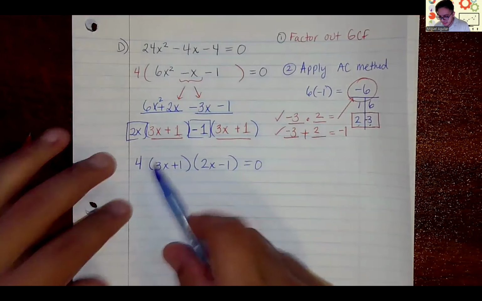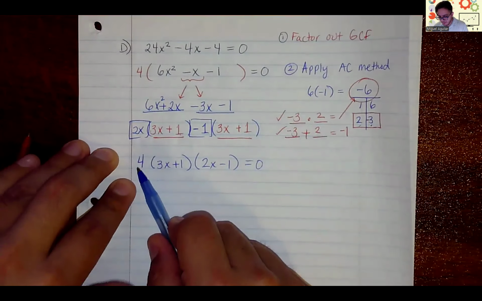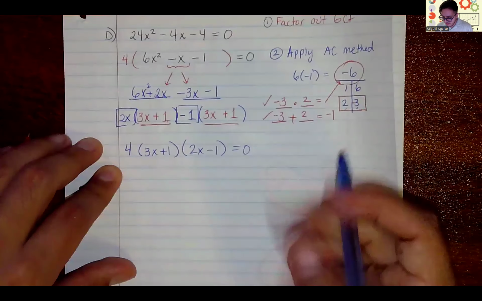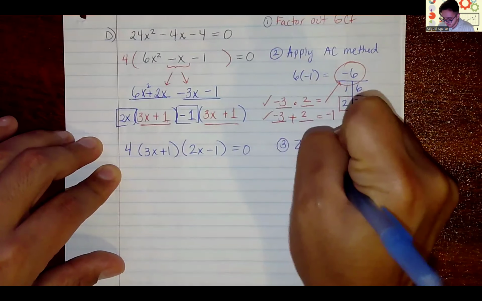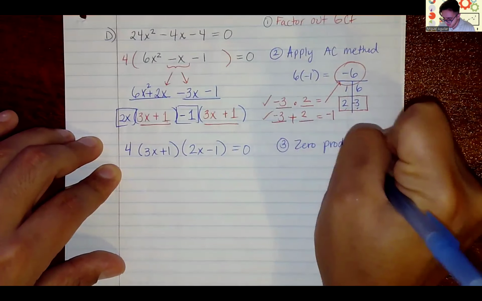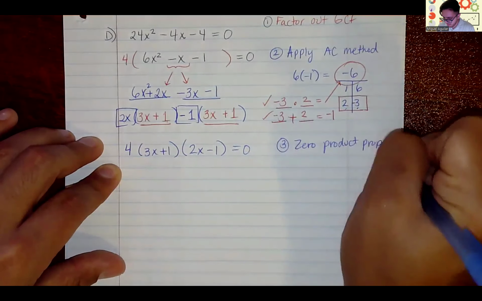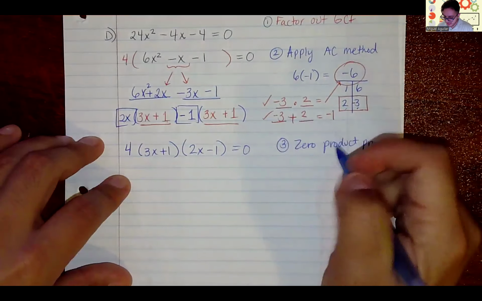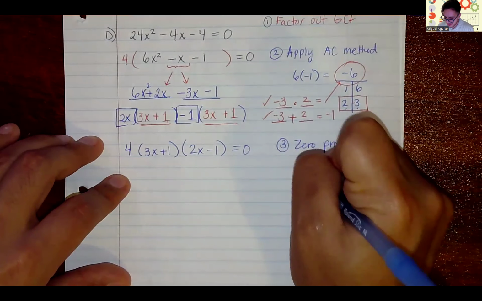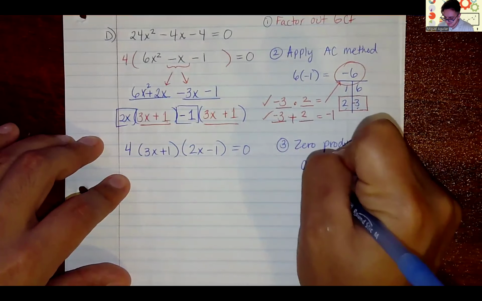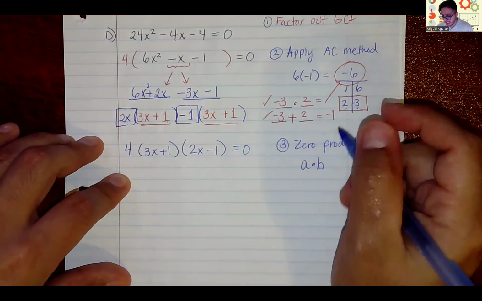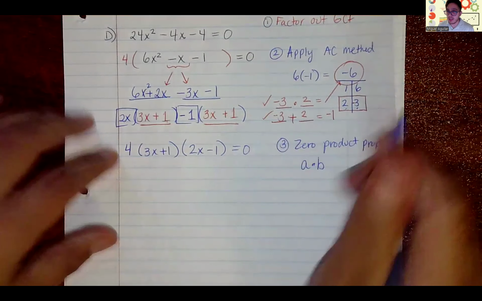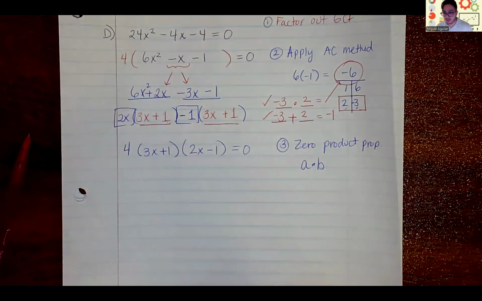Now, earlier I said that that 4 is not going to be super useful, and the reason is that as we apply the zero product property, when we first introduced this idea, we said if we had two numbers, a times b, and we multiplied those together, and we got a 0, then one or the other has to be 0.